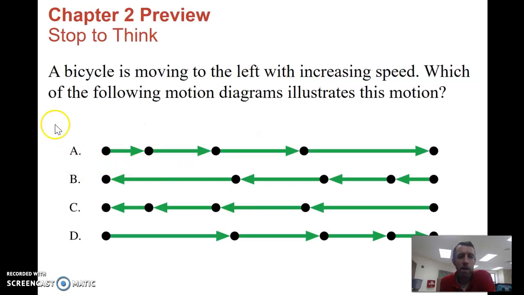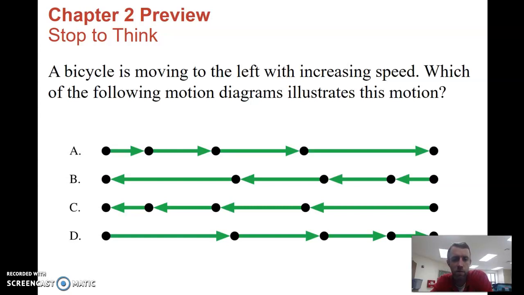Okay. Another one, we're going to talk about this in a little bit, but another type of motion diagram, bicycle moving to the left with increasing speed. Which of the following motion diagrams illustrates this motion? Well, these are just arrows, but you've probably seen these before. We call these vectors, and they can represent, in this case, speed, or I should say, to be more specific, velocity.